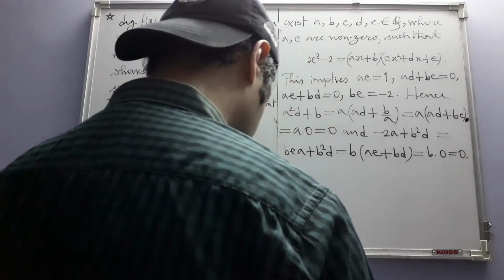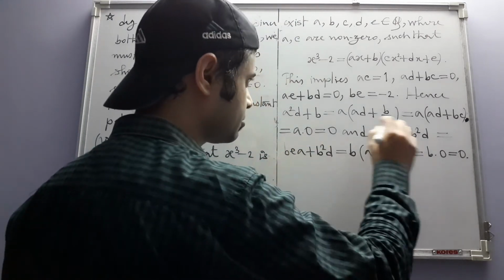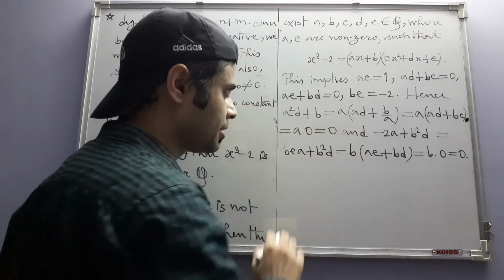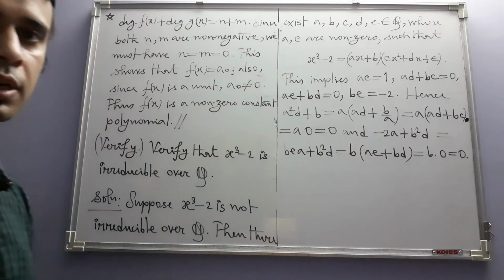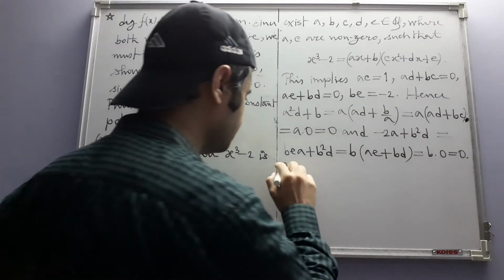Okay, so now what do we get from these two relations? A square D plus B is equal to 0 and minus 2A plus B square D is also equal to 0.